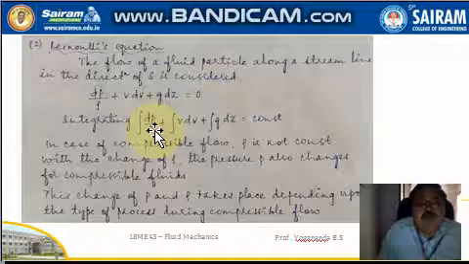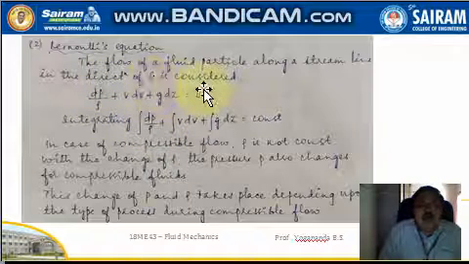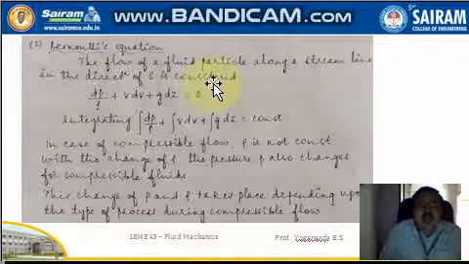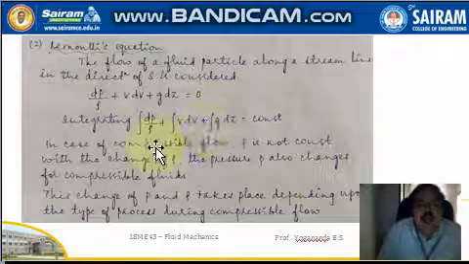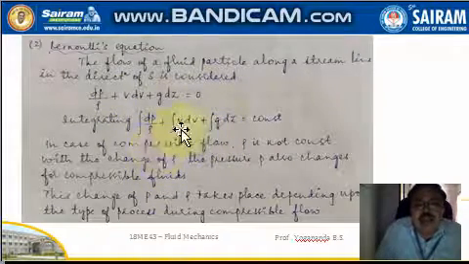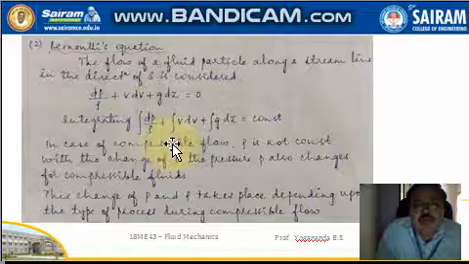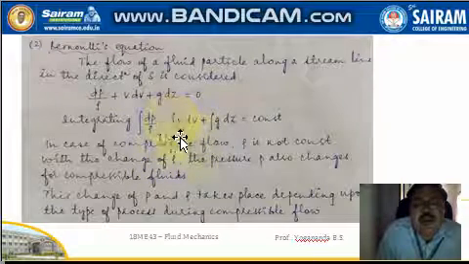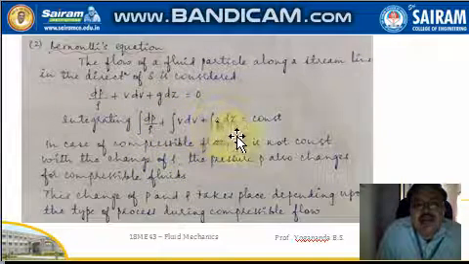We are making the pressure and density get involved in the equation. Integrating each term, we have the integration of dP by rho plus the integration of VdV plus the integration of g dz is equal to constant.